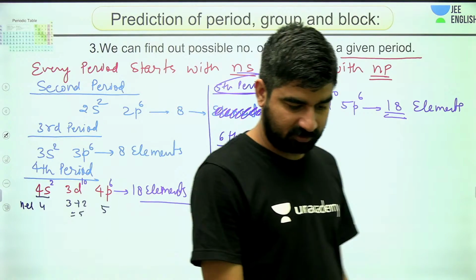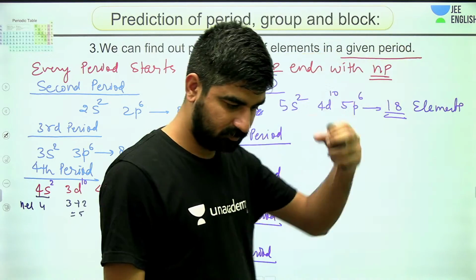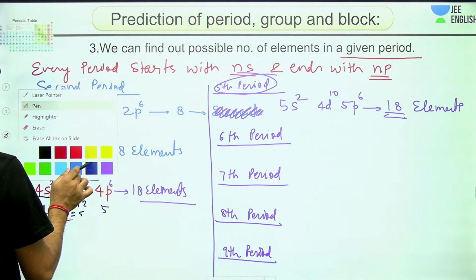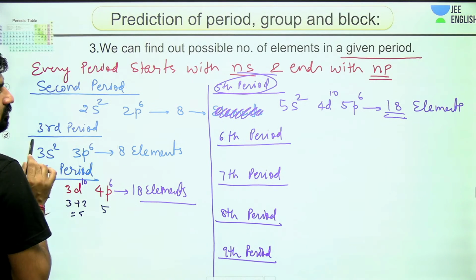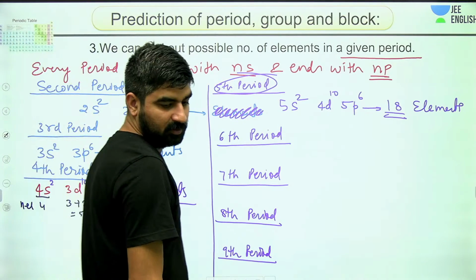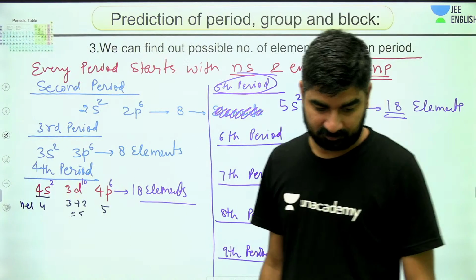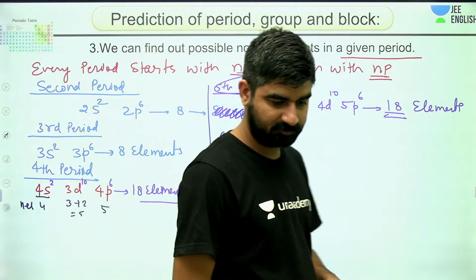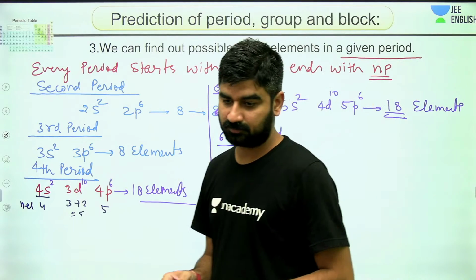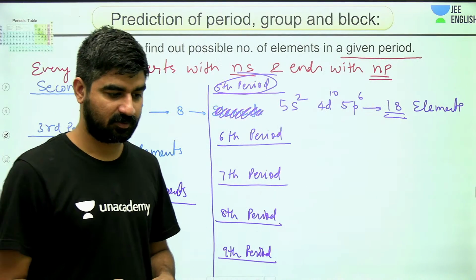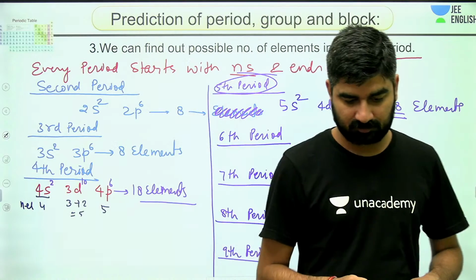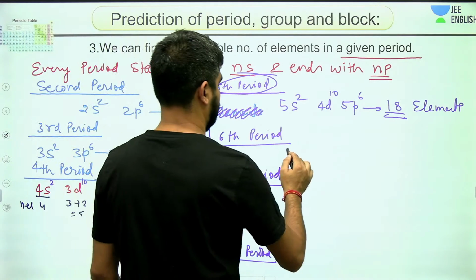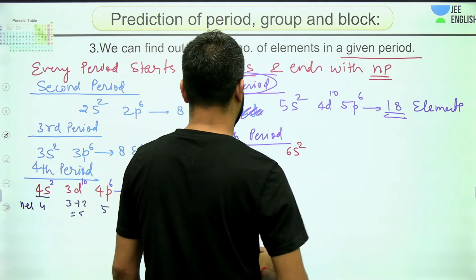Now do it for sixth. Do it for sixth. And tell me the answer. Be fast. So what will you do here? 6s2.